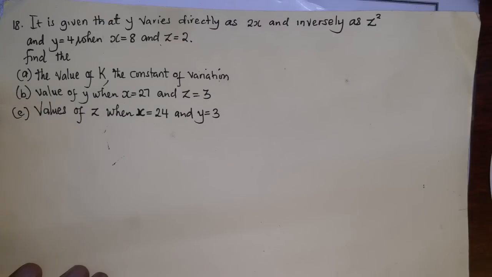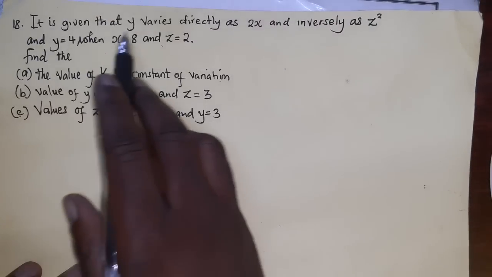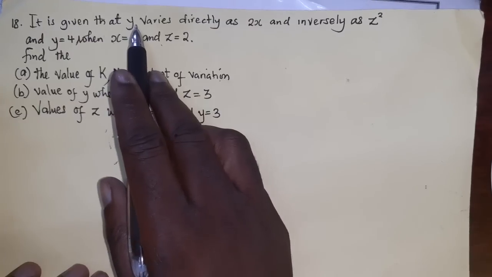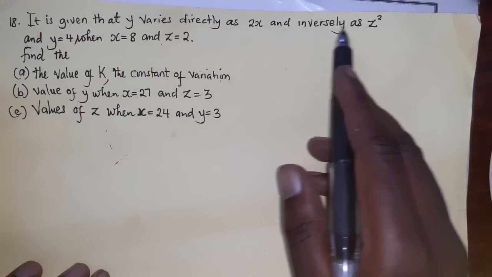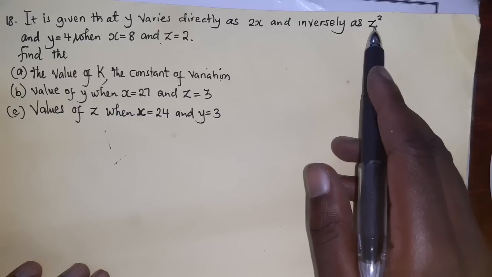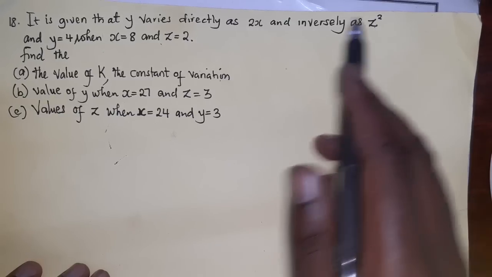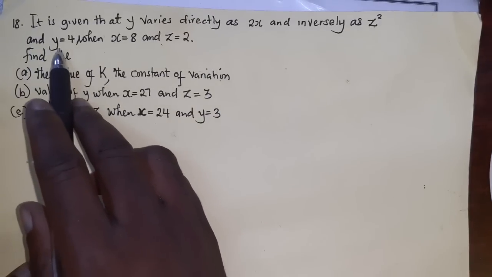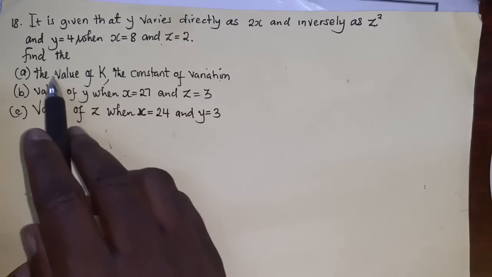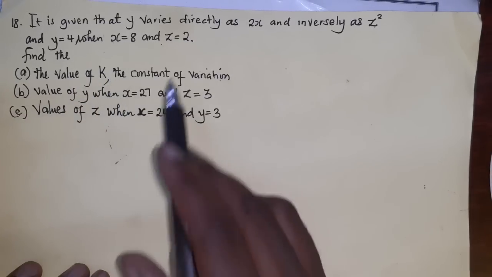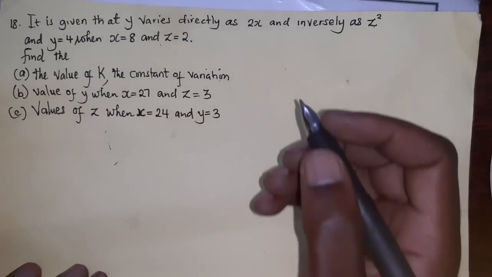So we come to question 18. It is given that y varies directly as 2x and inversely as z squared. And y is equals to 4 when x is equals to 8 and z is equals to 2. Find the value of k, the constant of variation. All right?